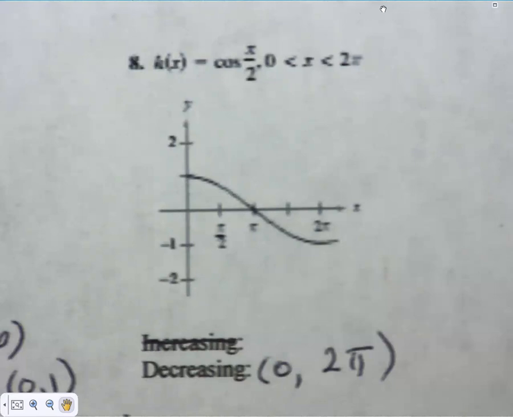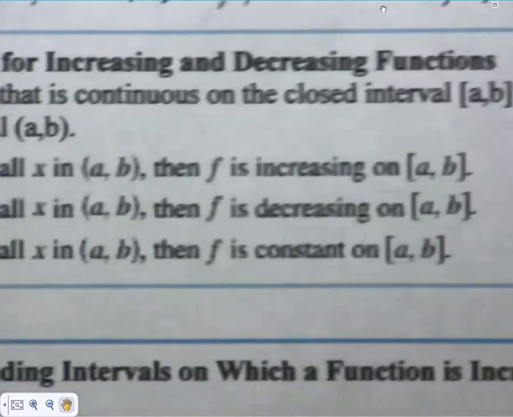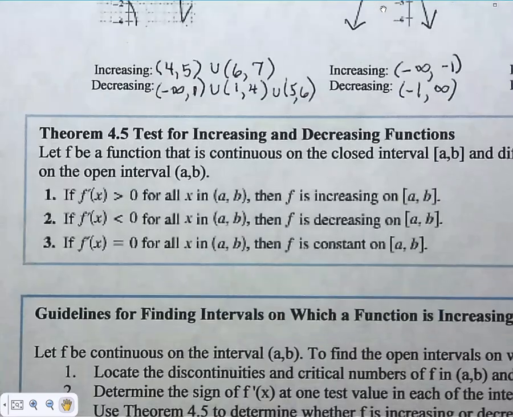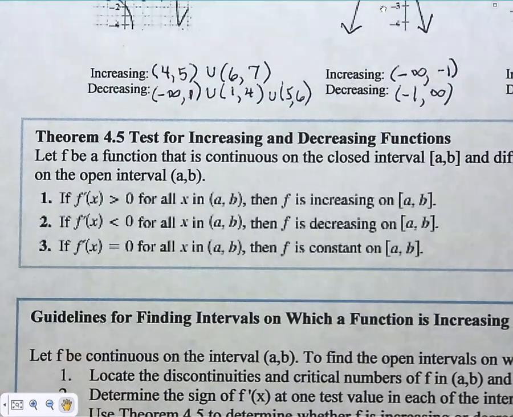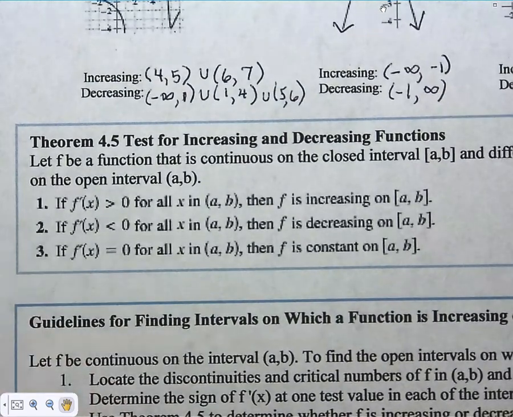All right, that's exactly what Theorem 4.5 is. I think we should name it the Major theorem because Major thought of it. Let f be a function that is continuous on a closed interval from a to b, and differentiable on the open interval a to b. If the derivative is positive for all x's in the open interval, then the function's increasing on that closed interval.